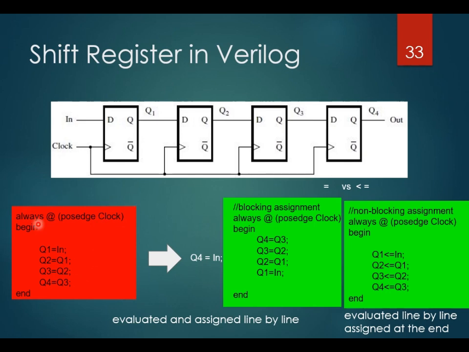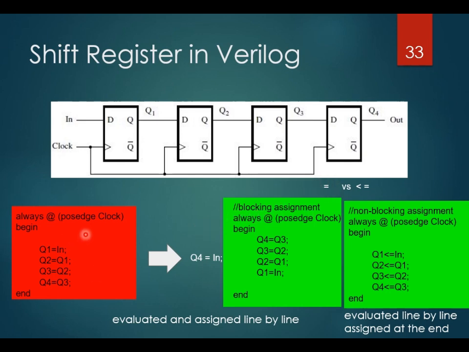However, an always block is a sequential block where the execution takes place sequentially. So if you use the normal equal sign, which we call blocking assignment, this equal sign means blocking assignment.